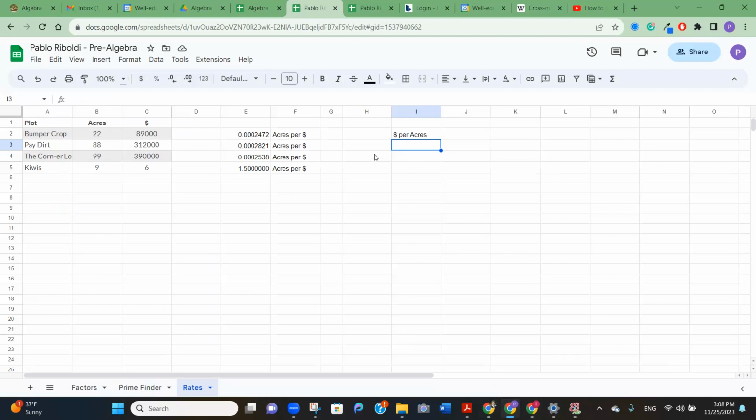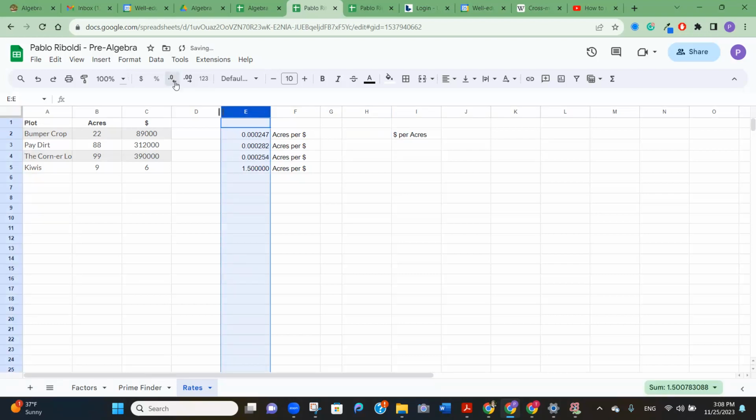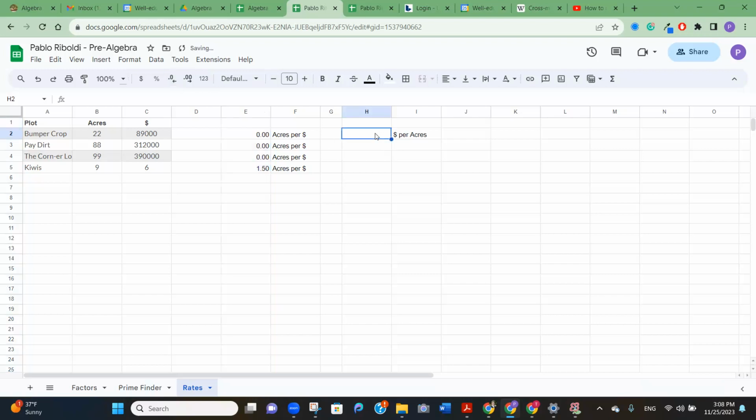And so I want you to do the formula here. This way you are going to have the spreadsheet ready for either way. Whether it's a direct or an inverse proportion, an inverse rate, you will be able to calculate both ways.